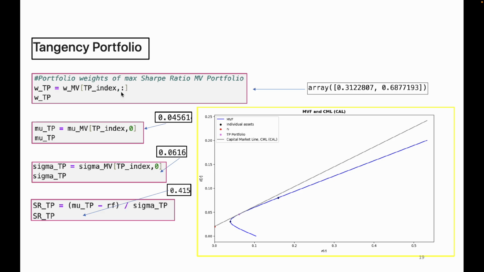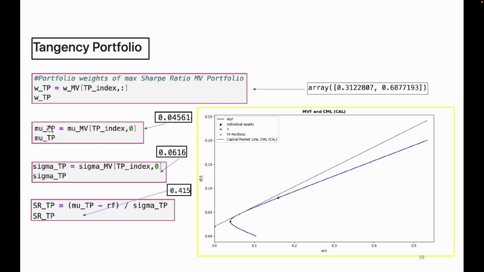Now I'm calling for the portfolio holdings, and these I assign to WTP. So WTP will now be a row vector, as you see here. It says the tangency portfolio consists of 31% equity and 68% long-term debt, the debt fund. Both together should be 100%, because algorithmically we had the constraint in, and this looks like 100%.